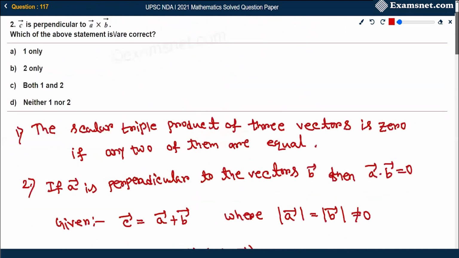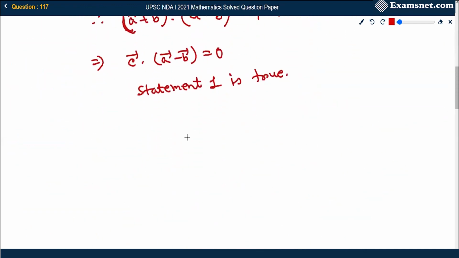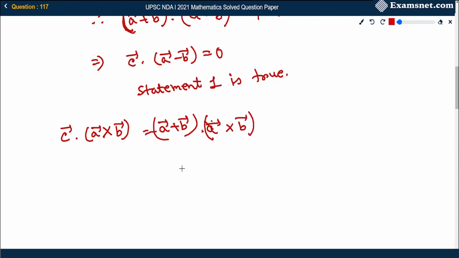Now, let's check statement 2. C is perpendicular to the vector product. Okay, so now we are going to find C dot (A cross B). Now let's distribute it.